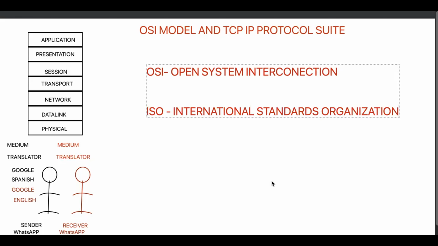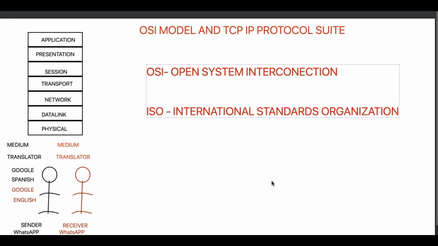The OSI model is used to design the architecture of a network: architectures that are flexible, robust, and also interoperable. So when you use the OSI model, you use it with the goal of designing a network that is flexible, robust, and interoperable.